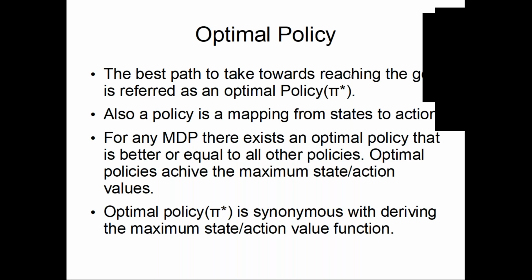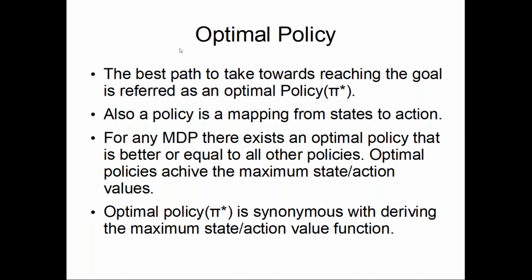Now we'll talk about optimal policy. Optimal policy is where we are able to find the right path. In any reinforcement learning problem, we have to attain certain goals. In some instances the goals are not so clear because it's a continued task, like a self-driving car.